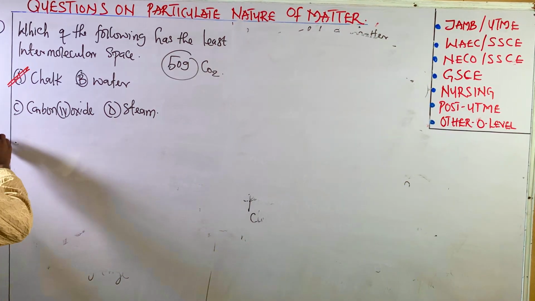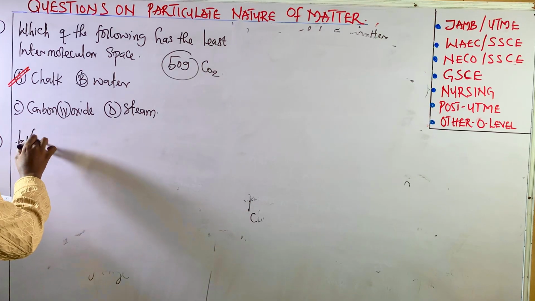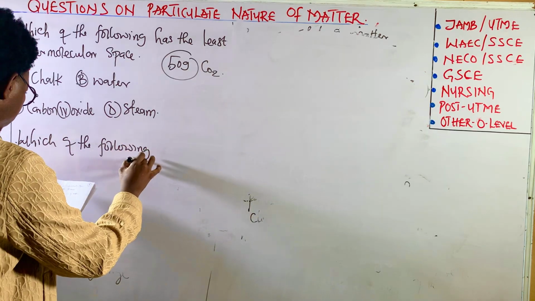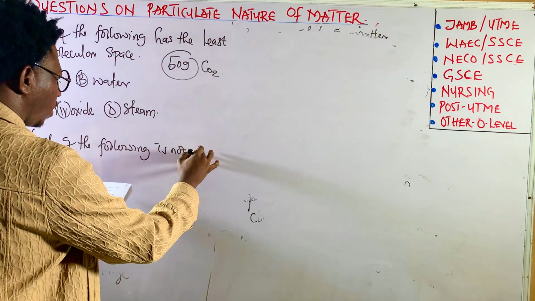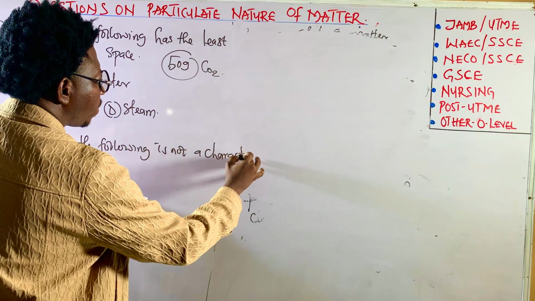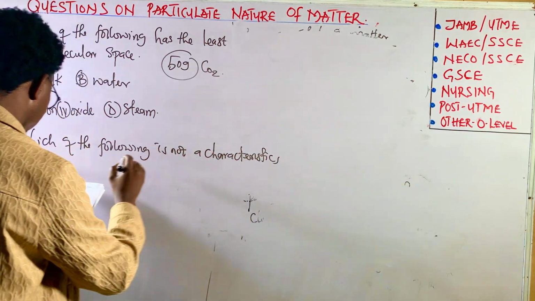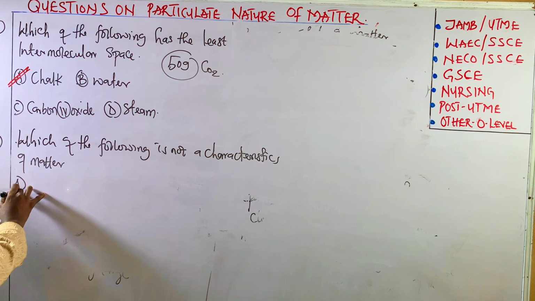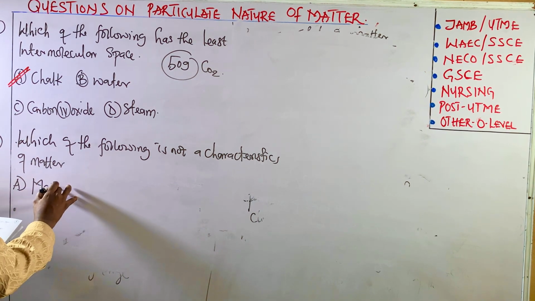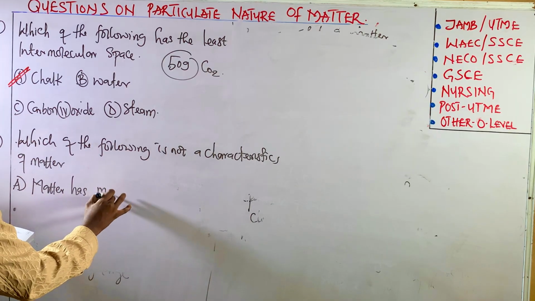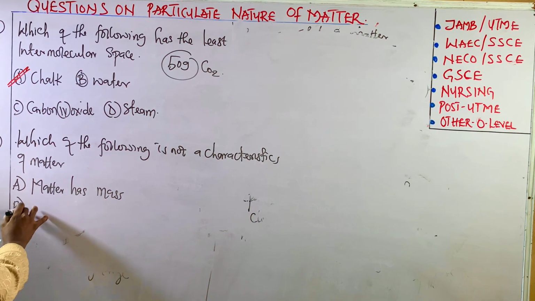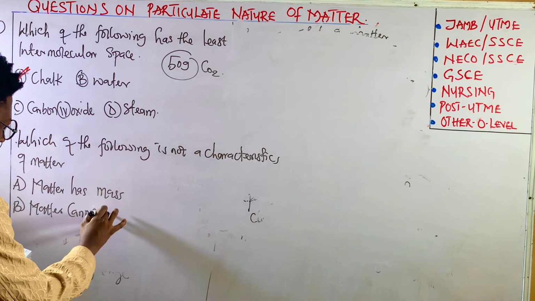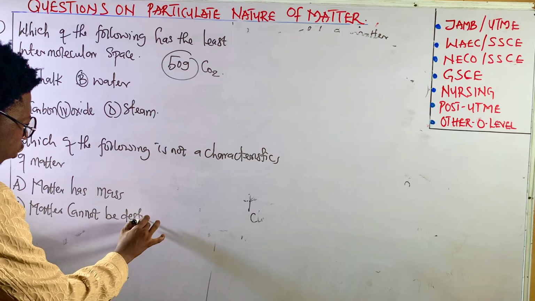Now, question number 2, we have which of the following is not a characteristic of matter? Option A, matter has mass. Option B, matter cannot be destroyed.